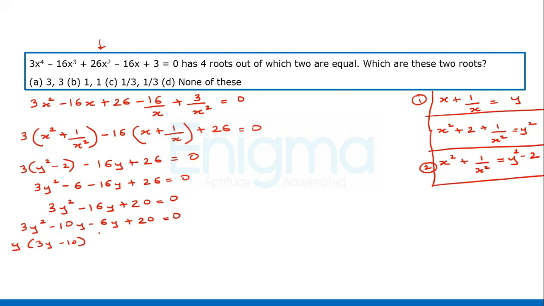Now taking minus 2 common here, we have again 3y minus 10 is equal to 0. So the final factors come out to be y minus 2 into 3y minus 10 is equal to 0. That means y is equal to 2 or y is equal to 10 by 3.